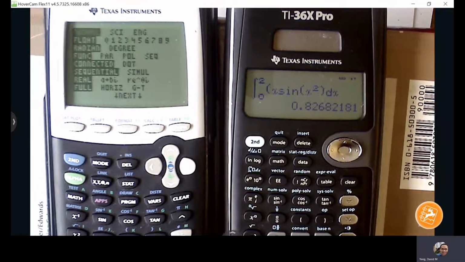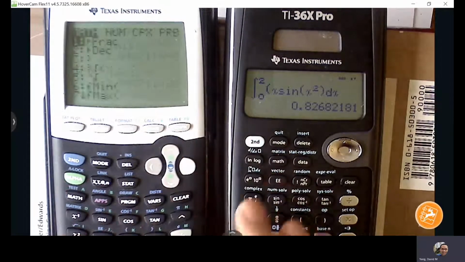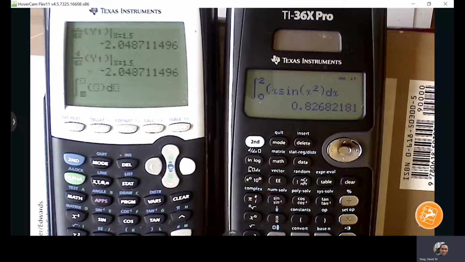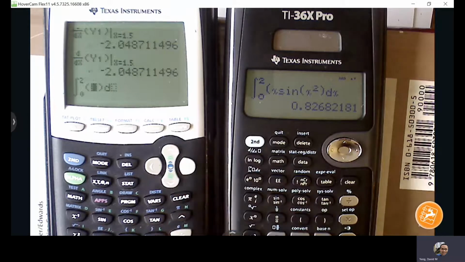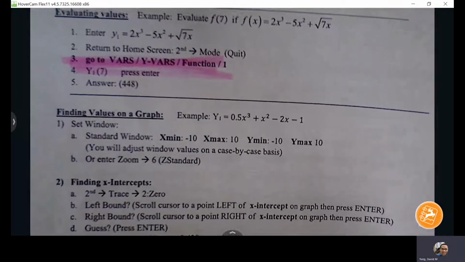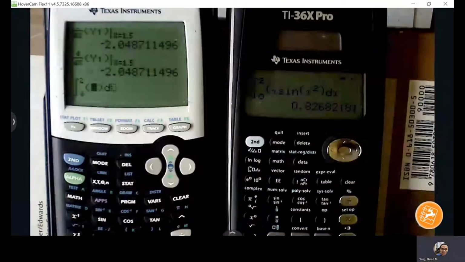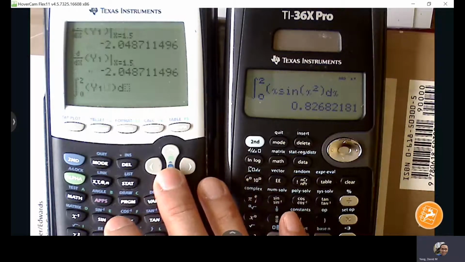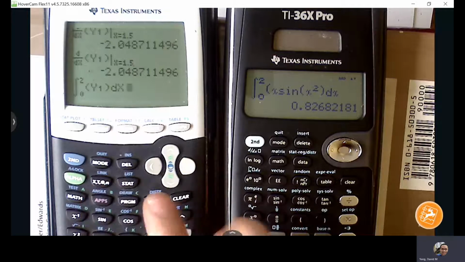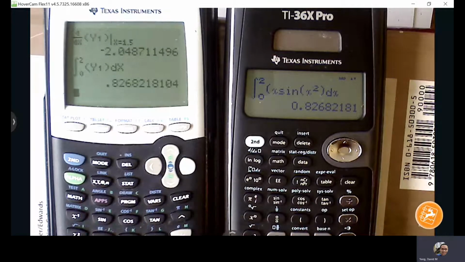On your graphing calculator, do math 9, and then 0 to 2, and then you can do x sine x squared, or you can call that function again from vars, y vars, function y1. So that's displacement.